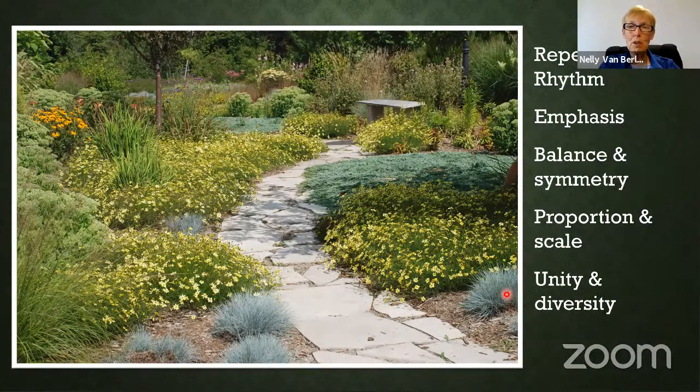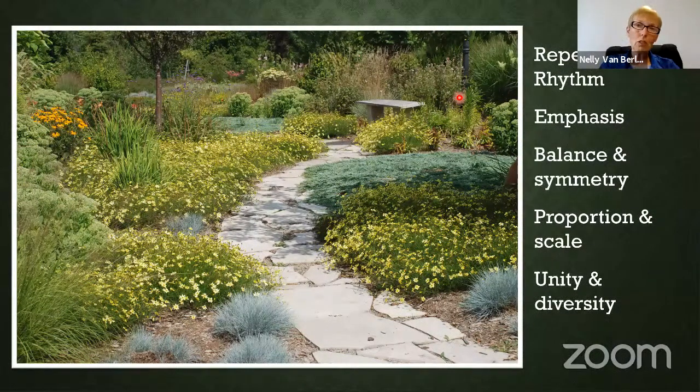So you get that repetition. You've got repetition of the sedums on each side. The bench, I would say, is a focal point that's kind of drawing you down that pathway. You've got a light stand here and a tree here. That kind of balances out and also gives some vertical interest.